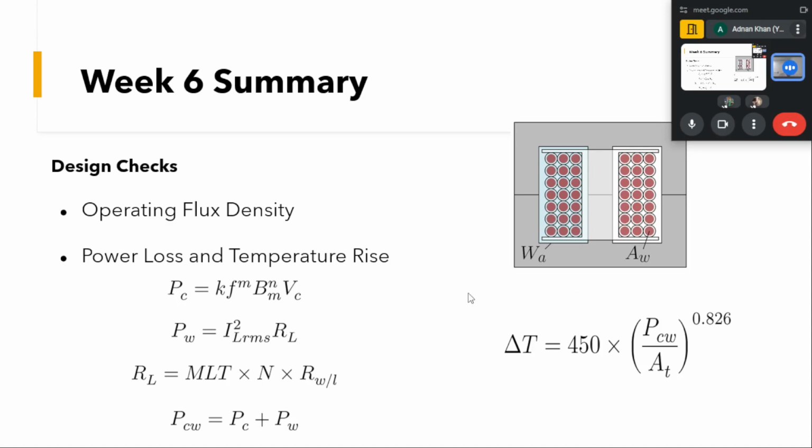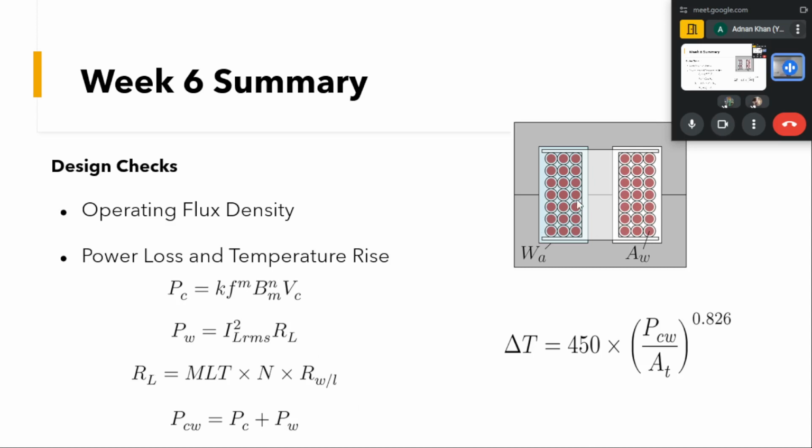So if we have the resistance per unit length, and we know the length of one turn and the number of turns, we can multiply the length of the turn by the number of turns by the resistance per unit length, and we can get the resistance of the total wire used.